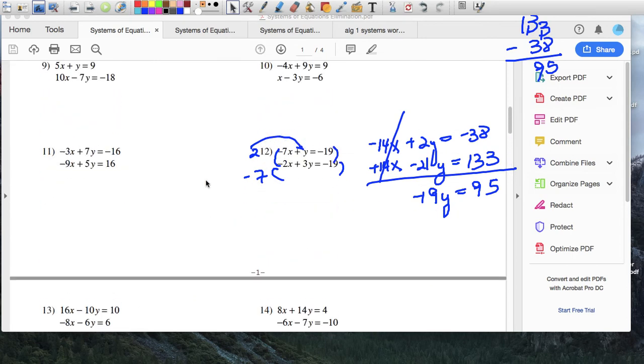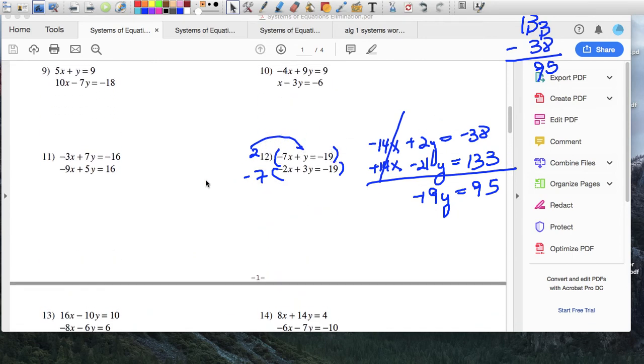So number 12. What did I do wrong? This is negative, and that's positive 2y. 2 times negative 19 is negative 38, so that's correct. Negative 7, that's 14x. Negative 7 plus 3y is negative 21y. Did I do the 19 times 7 wrong?